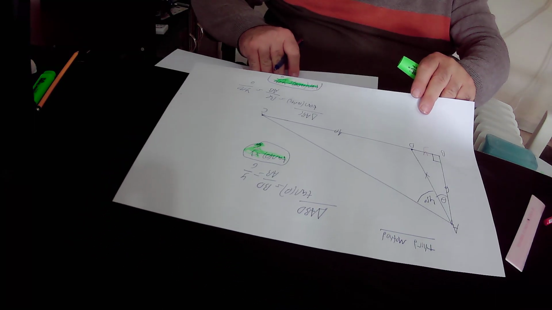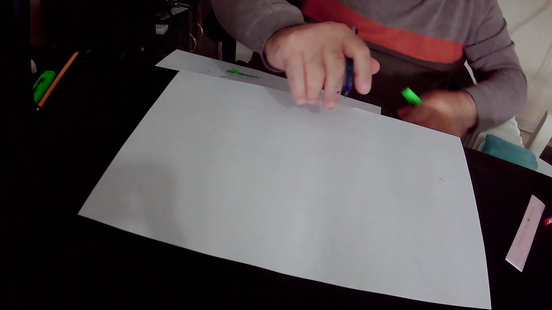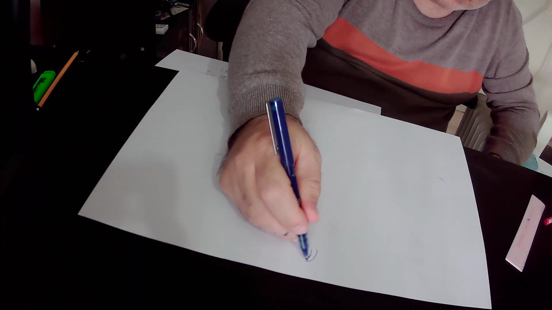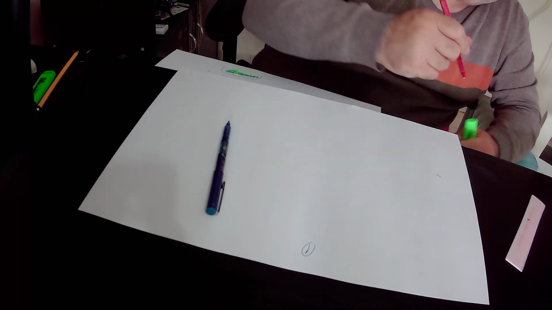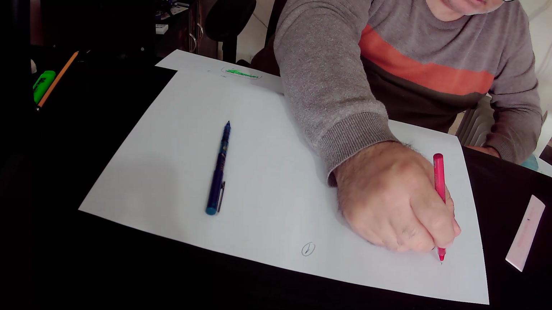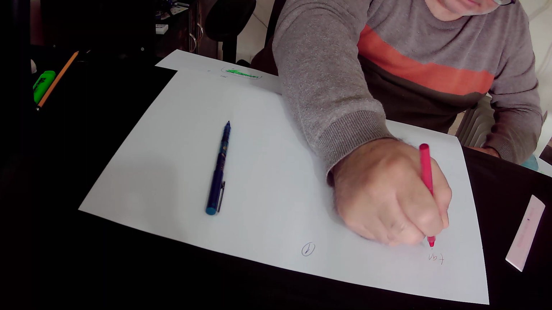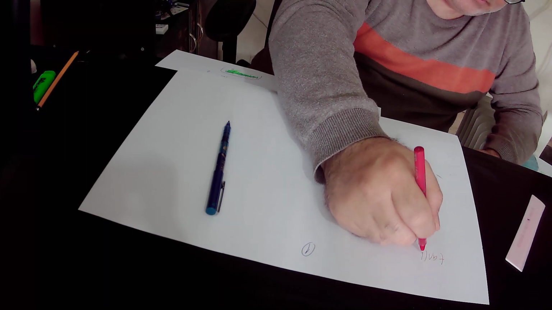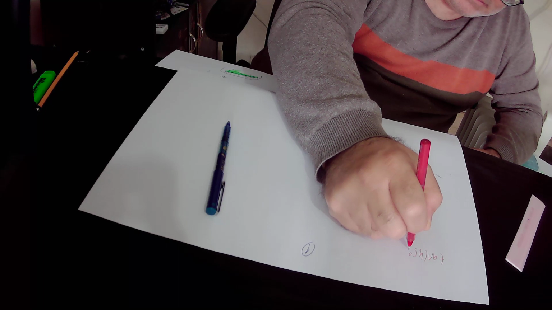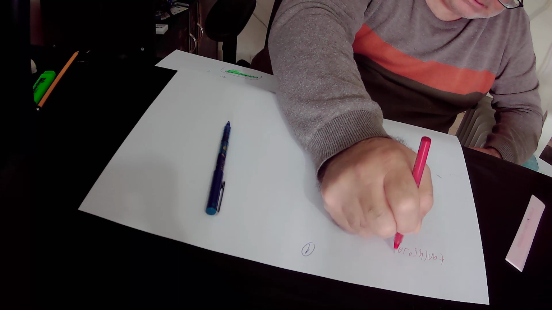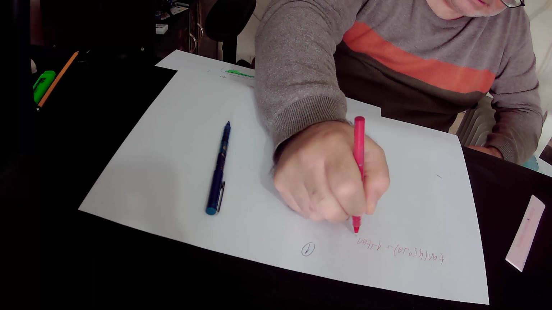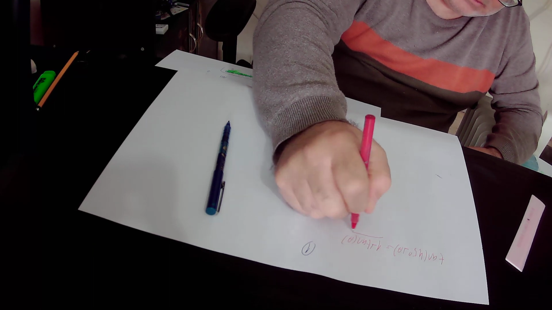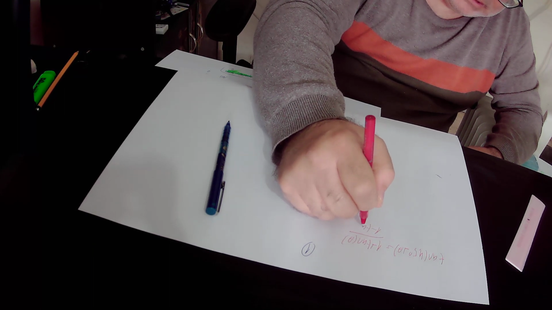And we have the trigonometric identity: tangent of 45 degrees plus theta is equal to 1 plus tangent theta over 1 minus tangent theta.